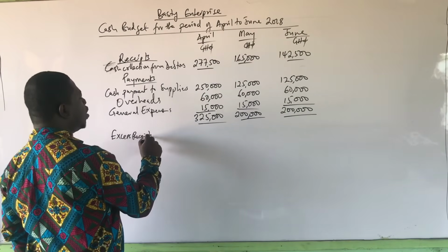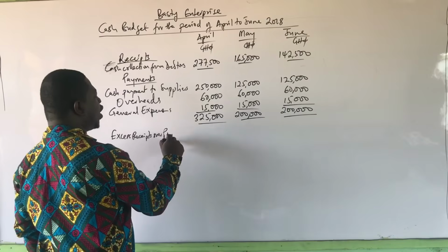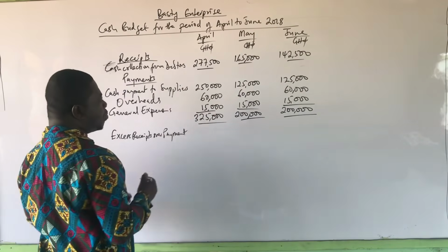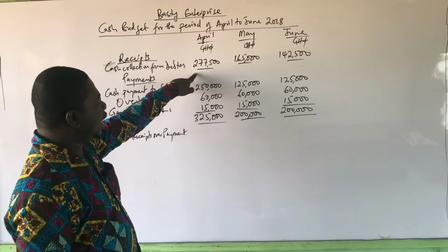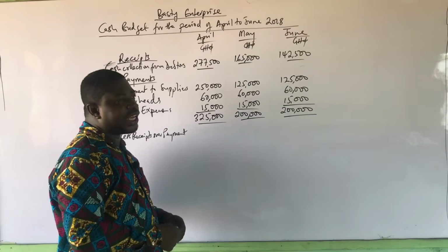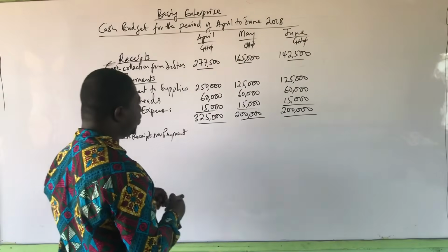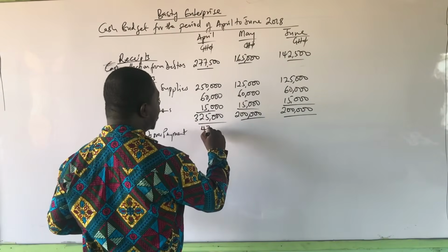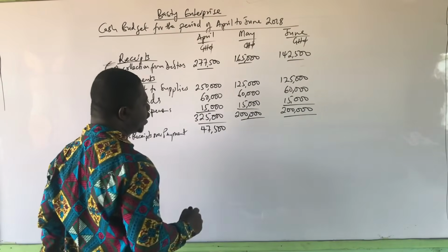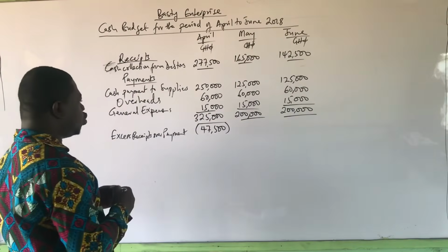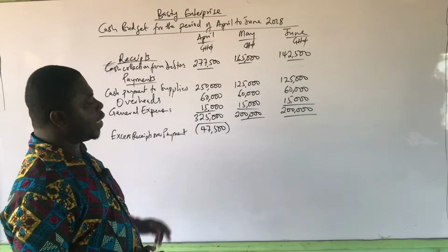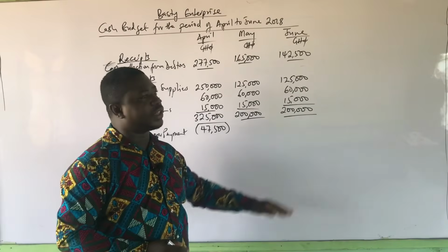We are looking for the difference between receipts and payment. Now, over here, receipts were less than the payment, so the difference is going to be a negative balance of 47,500 Ghana cedis. Yes, so I'm going to put that in bracket to show that it's a negative balance, and then we do the same for the other month.